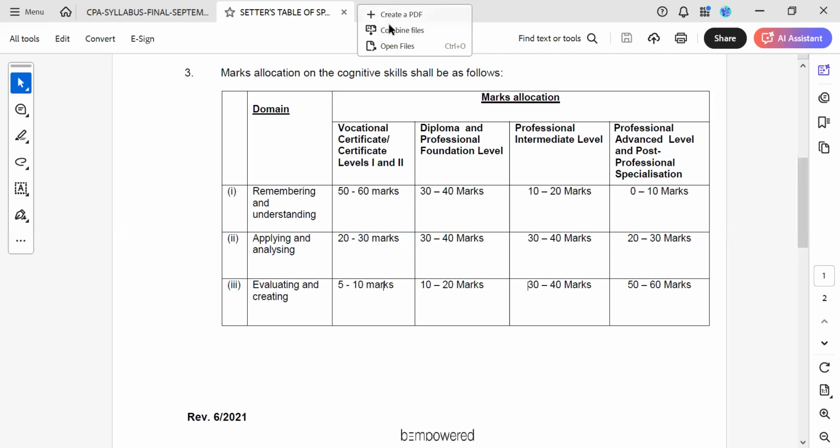Only that it is expected that you should be able to be creative in your thoughts and to interpret and understand whatever you're given. So ideally, you can see that applying and analyzing, we do about 80%. Whatever is going to come directly is 20%.